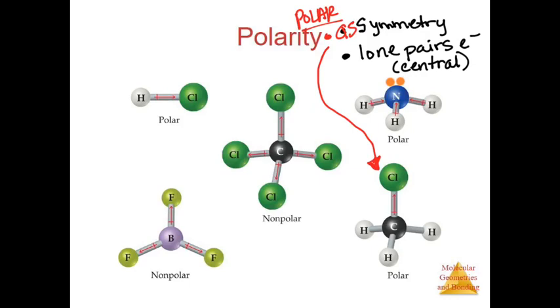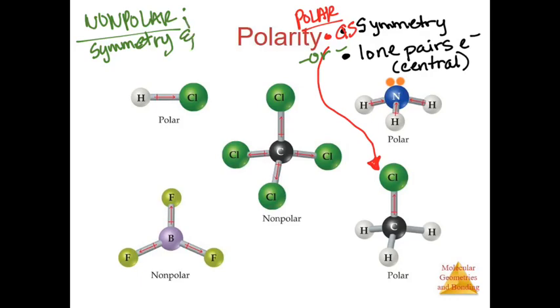And then for nonpolar, it really needs to be both of these, not an or situation. So this is or over here. This is an and situation. We are looking for symmetry with our elements, and we are looking for no lone pairs on the central atom.